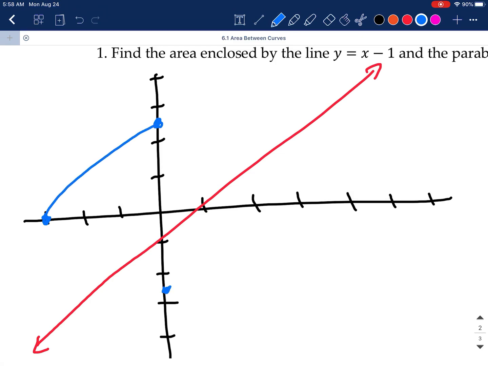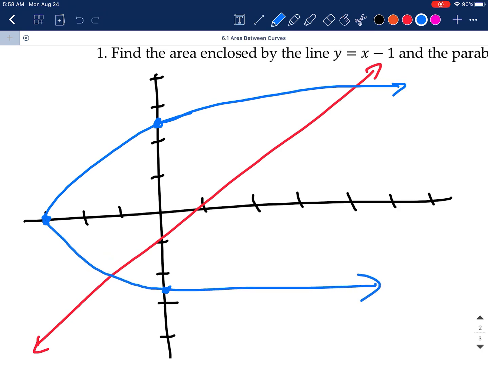And we'll end up with the parabola that looks something like that. And so here we can pretty quickly tell whether we want to use vertical or horizontal rectangles. So if I choose vertical, it works pretty well over here, but then there's going to be this dividing line.